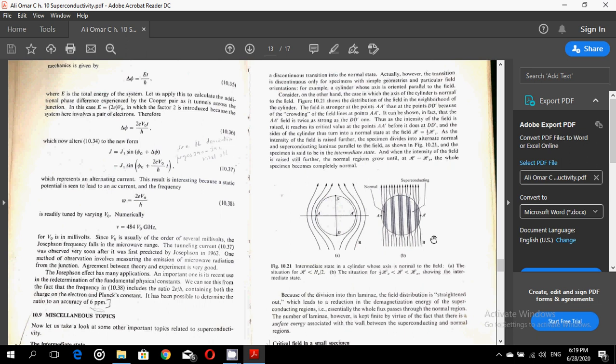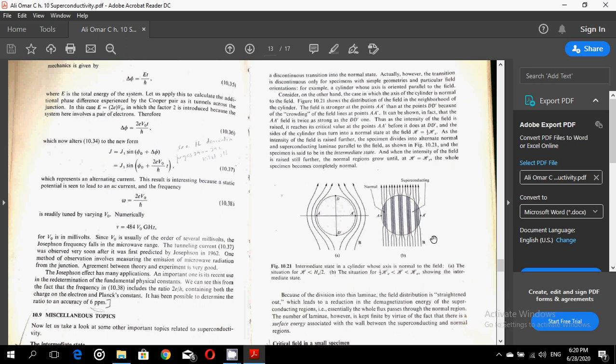Okay, now I would again request you to go through the chapter on superconductivity by Kittel, because after going through Ashcroft, you will now be able to completely comprehend this chapter from Kittel, which has a more modern approach and will give you a more comprehensive picture of superconductors and all its related phenomena.